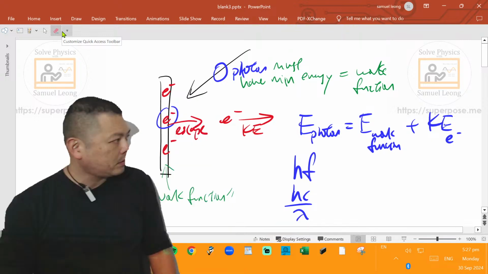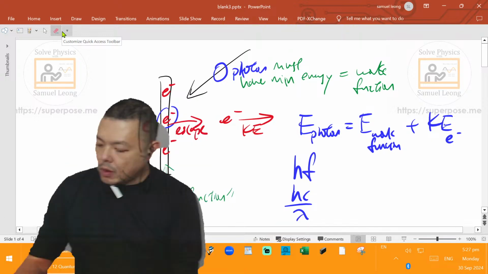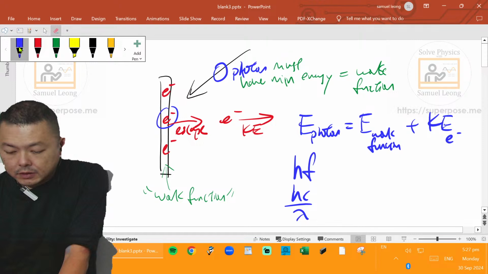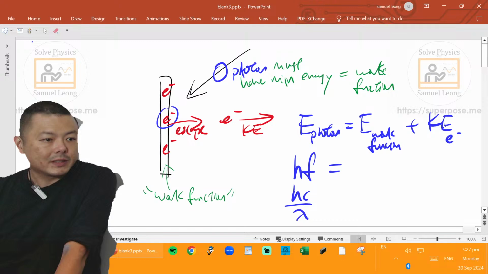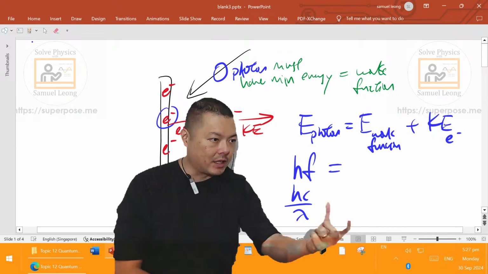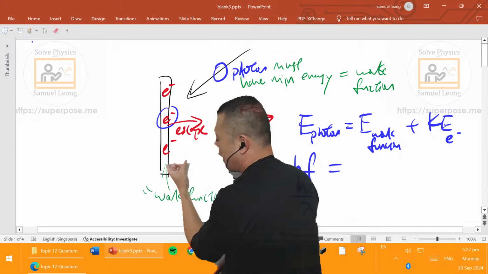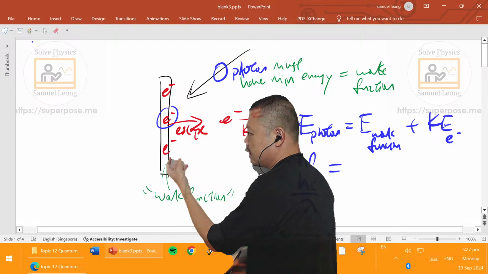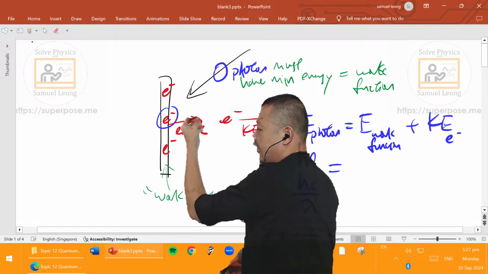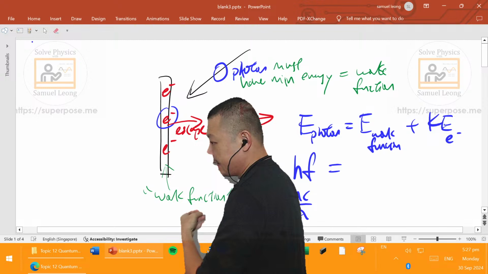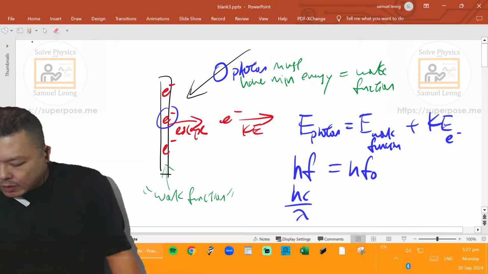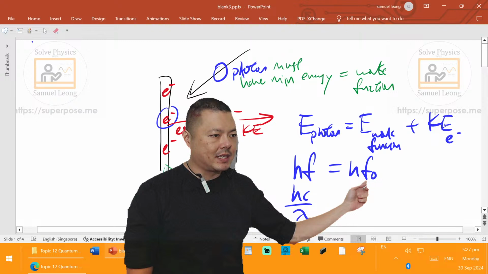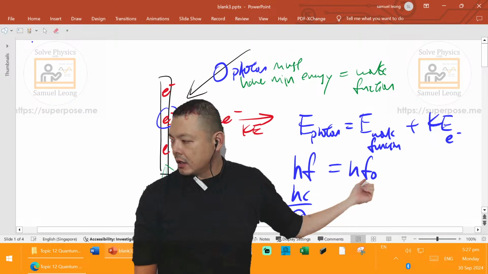Okay, work function then. What's the equation for work function? Technically, work function should be just a value itself, because that should be just the amount of energy the electron needs to escape the metal plate. But we can write it as hf naught, which indicates that's the minimum frequency you need for the photon for the electron to escape.